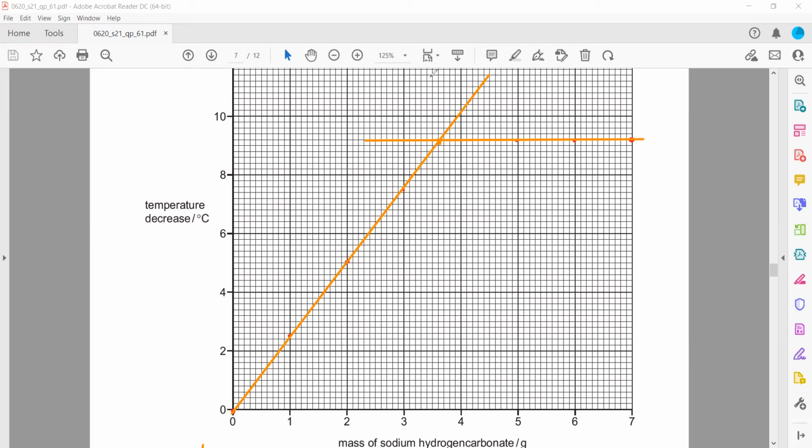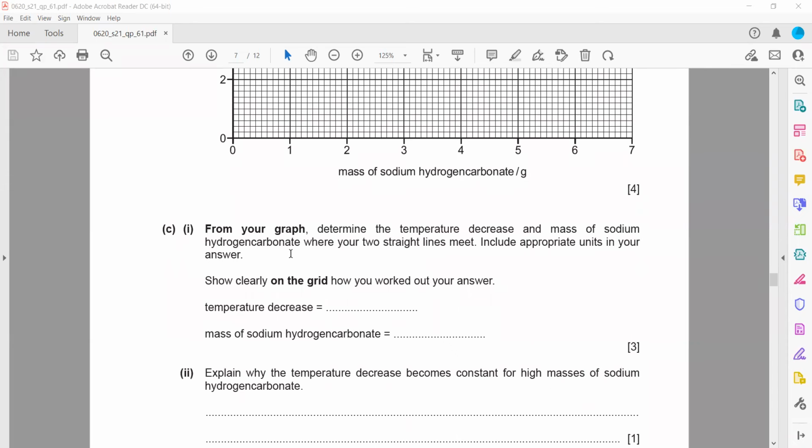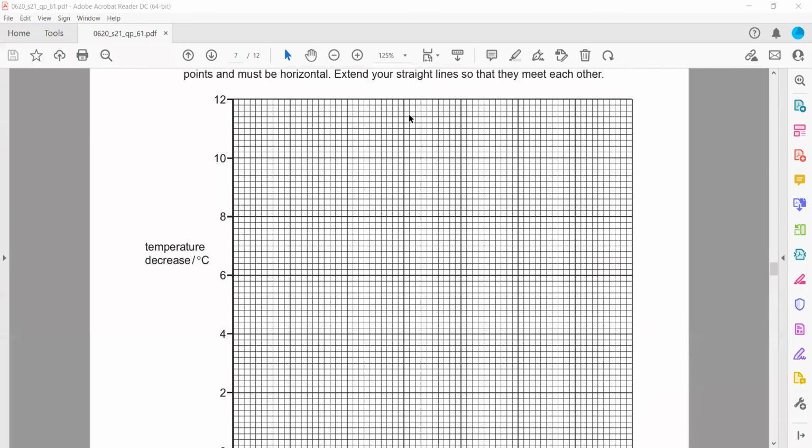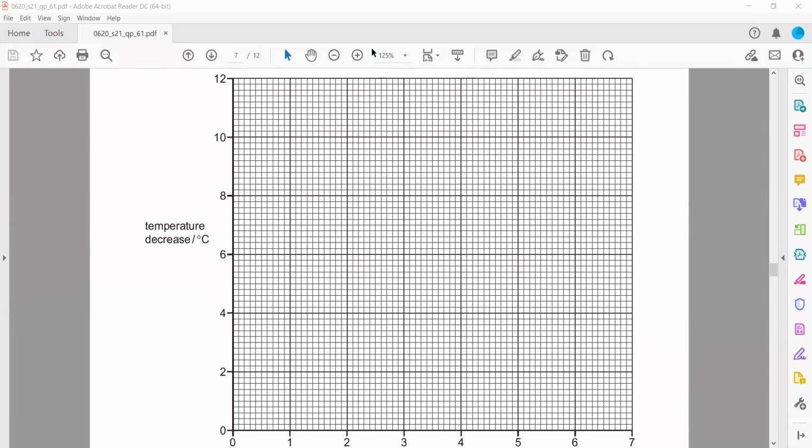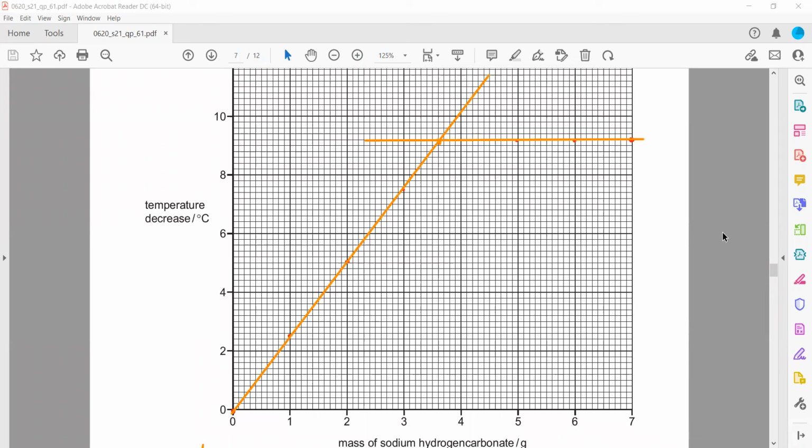Now we have to use this graph to get the result. The second part, C1: from your graph, determine the temperature decrease and the mass of sodium hydrogen carbonate where the two lines meet or intersect. We draw the best fit straight lines to include the maximum number of points on the line, with points above and below.